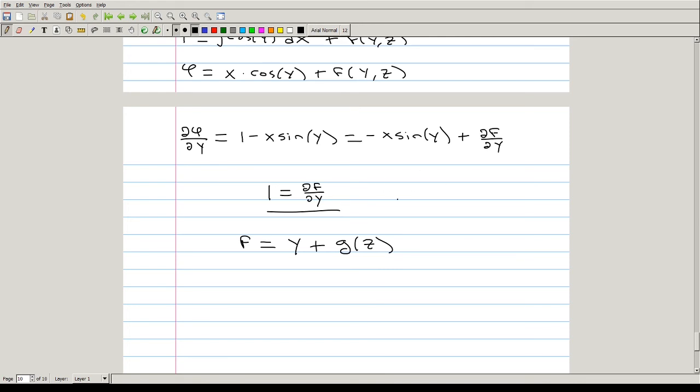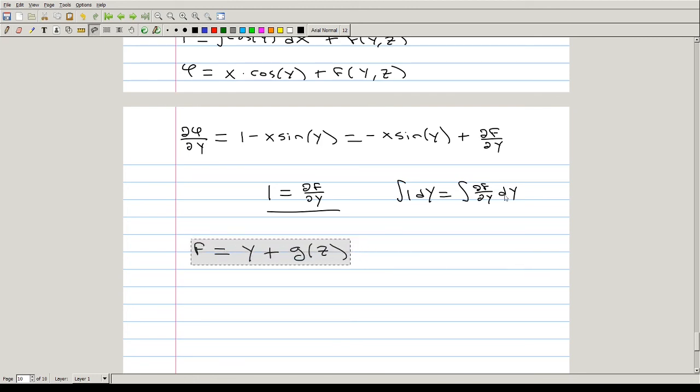Because if you take the antiderivative of both sides of this expression with respect to y, you get the antiderivative of the partial derivative of f with respect to y dy. So on the left-hand side, the antiderivative of 1 is going to be y plus some function g of z, a general function that we don't know yet, we have to solve for.